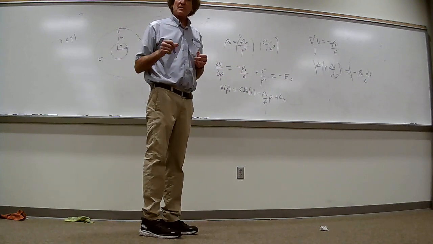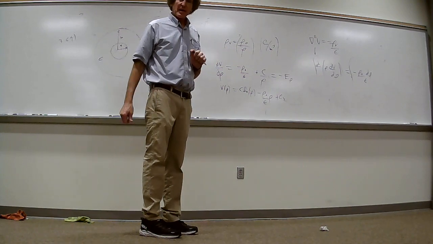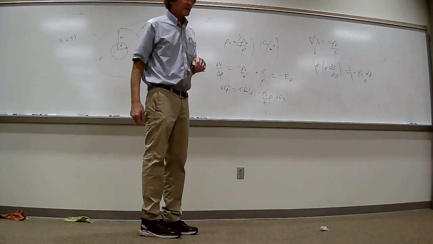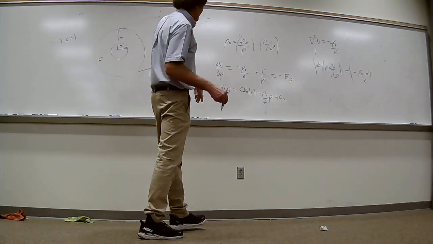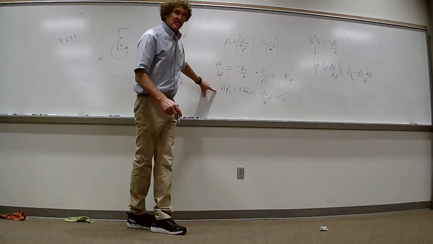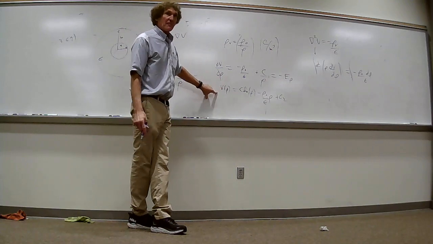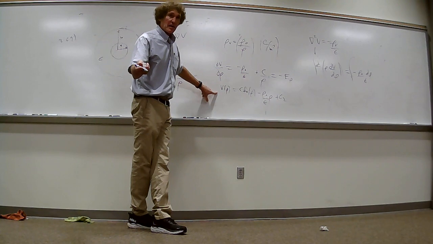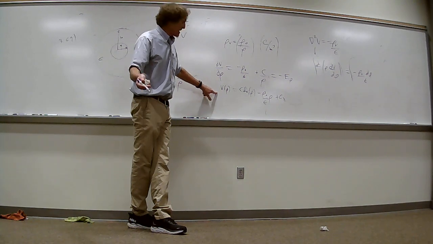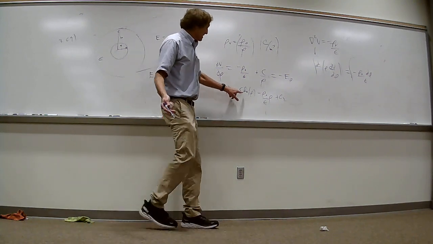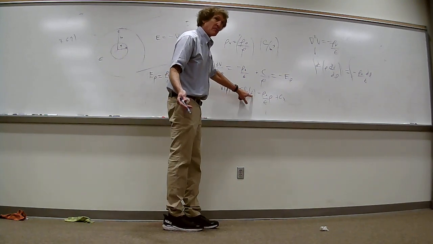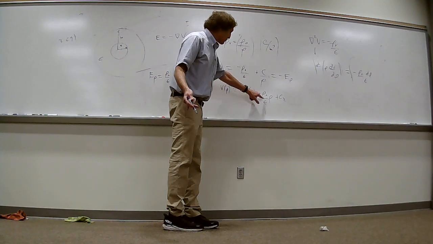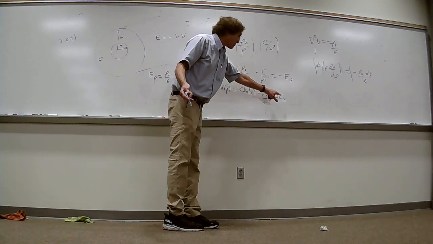But if not, did he leave it in terms of just constants? He plugged in A and B. Oh, he did, okay. Well then, you can go down here. If he has VA and VB, VA is the voltage at A. When the radius is A, you put in VA equals C natural log of A, minus rho naught over epsilon times A, plus C2.